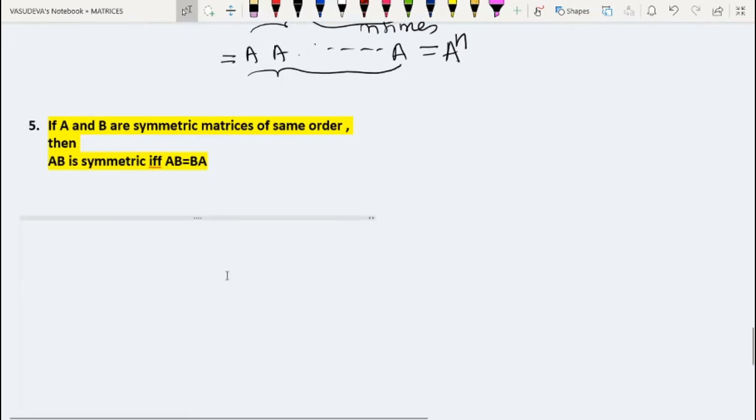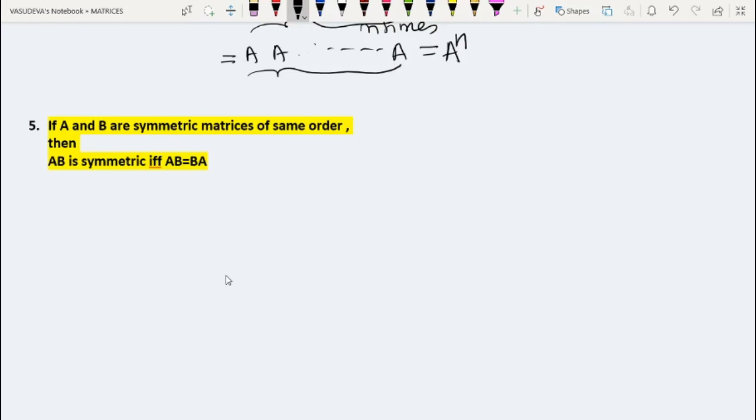So another property which was given in the miscellaneous examples in the textbook: if A and B are symmetric matrices of the same order, then AB is symmetric if and only if AB is equal to BA.